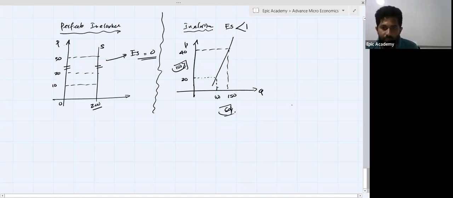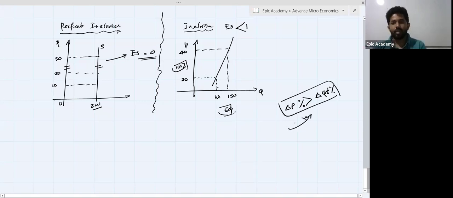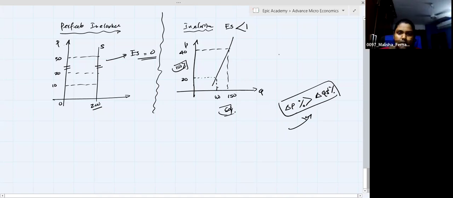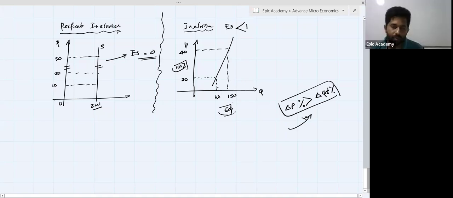The percentage change of the price takes a greater value than the percentage change of the quantity supplied. That's the difference. Always it must be something like that. That is how you get values less than 1. If you calculate that value, it must be 0 point something. Are there any questions? No. Okay.